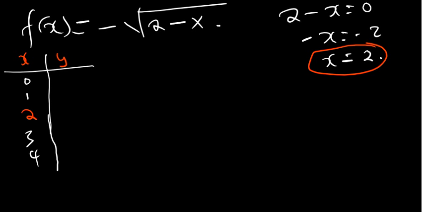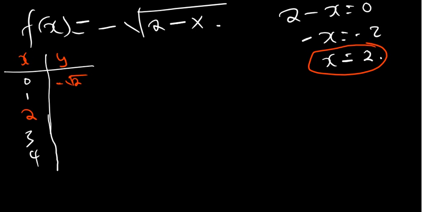The answer which you get here times the negative which is outside. Don't forget. What will be the answer? Negative root 2. If I put 1, what will be the answer? Negative root 1.